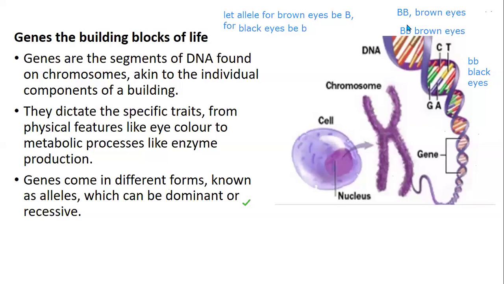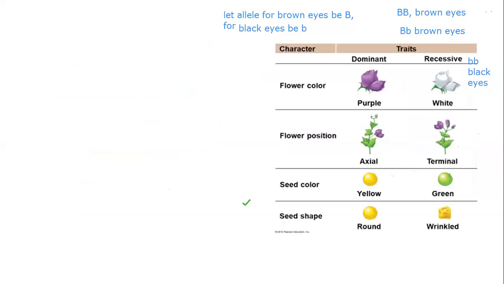In spite of the presence of small b, capital B is always expressed, meaning capital B is dominant to small b. Small b is only expressed when there are two identical alleles. So recessive alleles are expressed only when they are present with an identical allele. But dominant alleles are expressed always, whether they have an identical allele or a non-identical allele. So that is how the dominant and recessive information comes about.